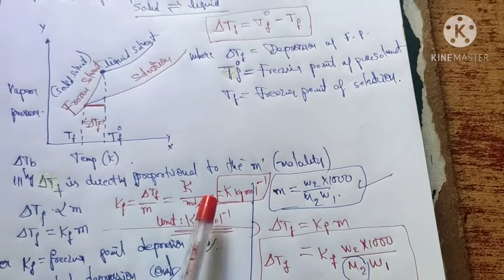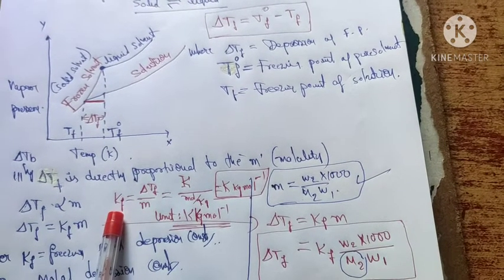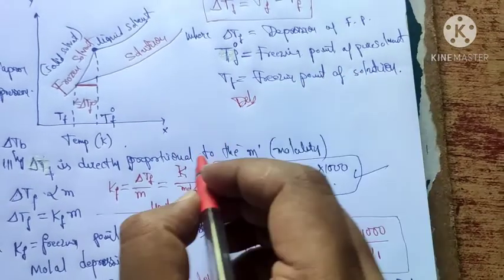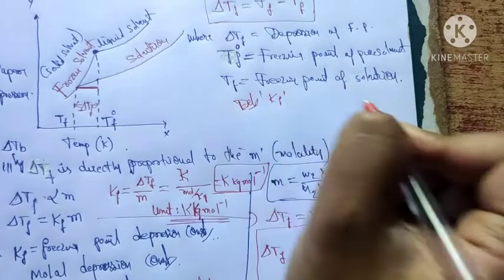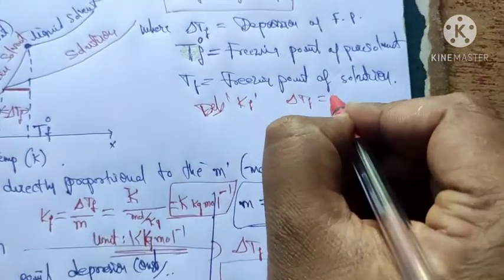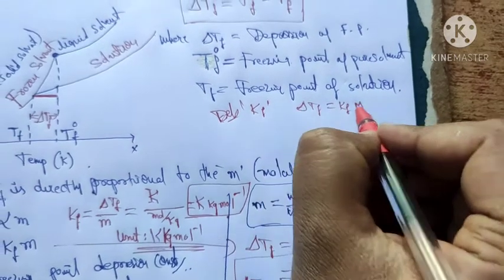So what is the definition of the cryoscopic constant? See here, delta TF is equal to KF m.